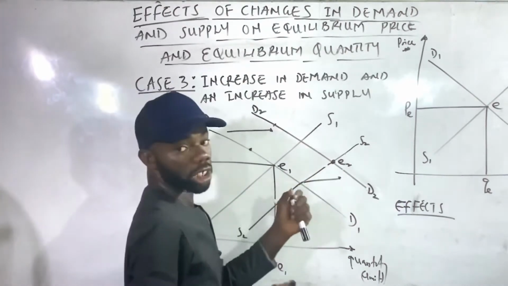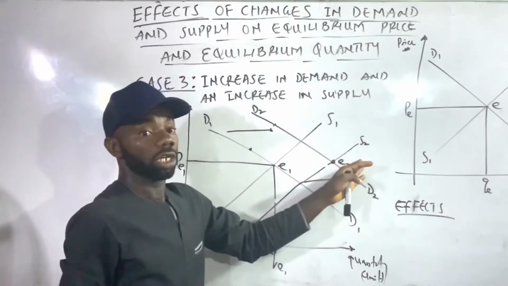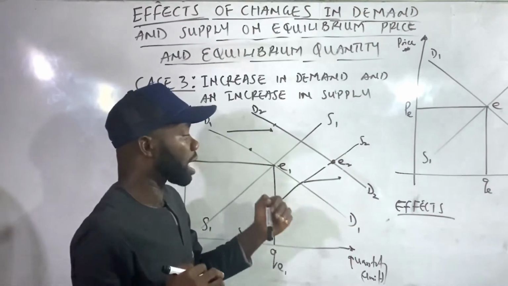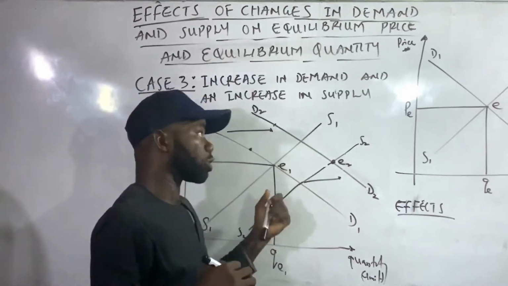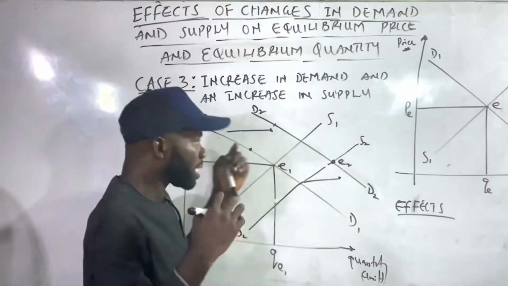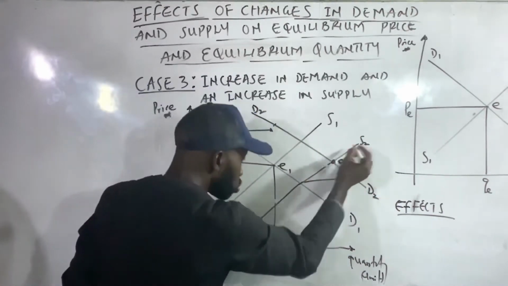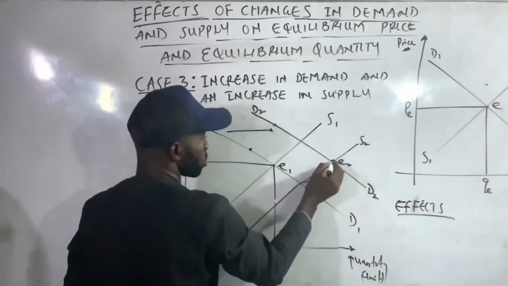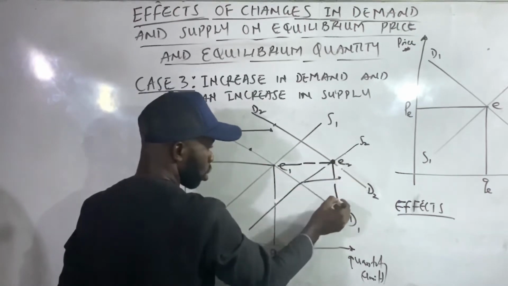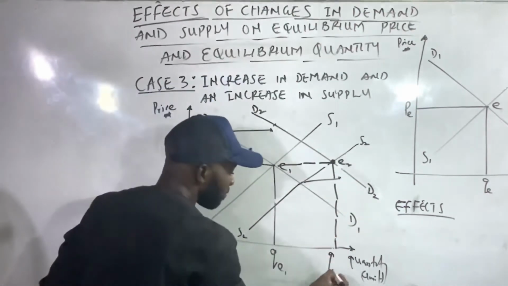We're considering the new demand curve and the new supply curve now because we have a shift in supply. In the old one, we only considered new demand curve and old supply curve because there was no change for supply. Now there is a change for supply, so we can match them. New demand curve, new supply curve, point of intersection, trace it to your price axis and trace it to your quantity axis. What do you have?